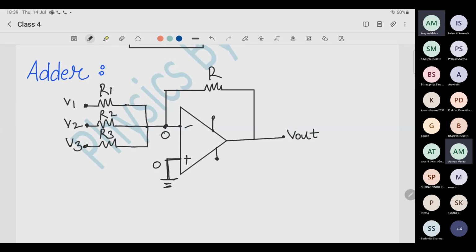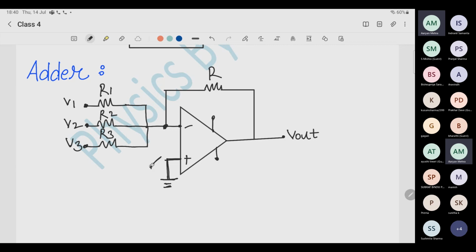This point is actually not grounded, but still the voltage here is 0. So it is acting like a virtual ground. That is why the name virtual ground came. But sometimes, because initially the teacher says it is 0, every time students put 0 voltage here. No, it should not always be 0. It should always be equal to whatever the voltage is here.